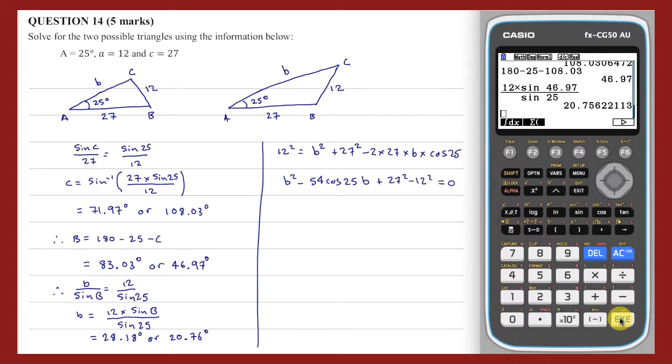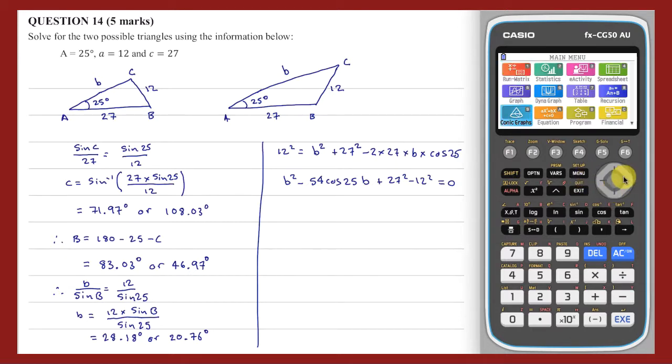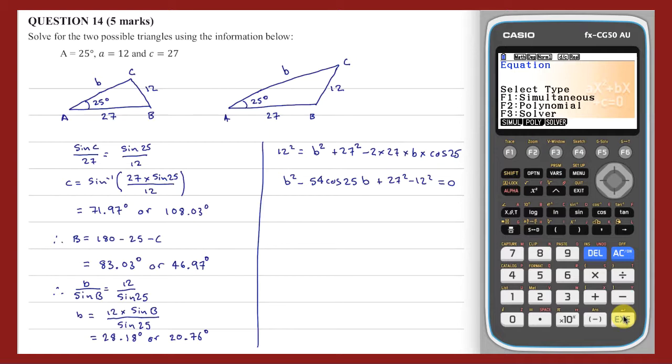Quadratics in general form like this one can be solved using the Equation app of the Casio CG50AU. Select the polynomial solver by pressing F2 and choose degree 2 by pressing F1.